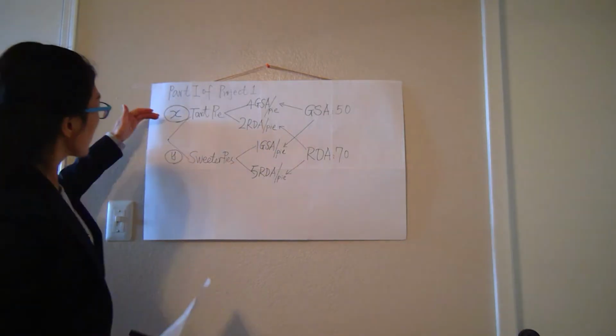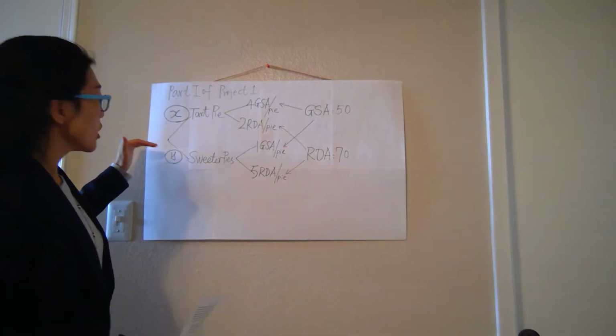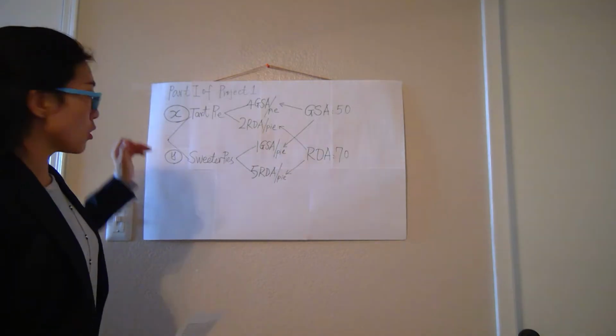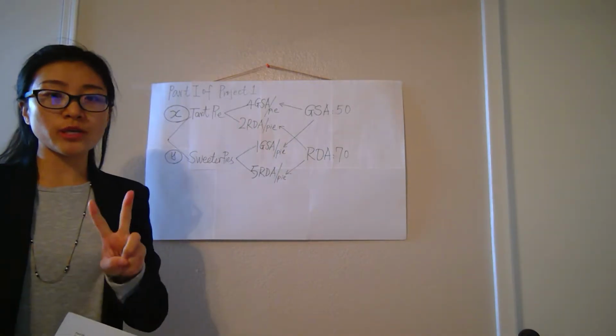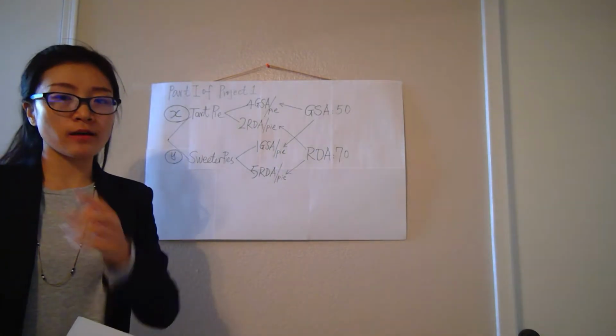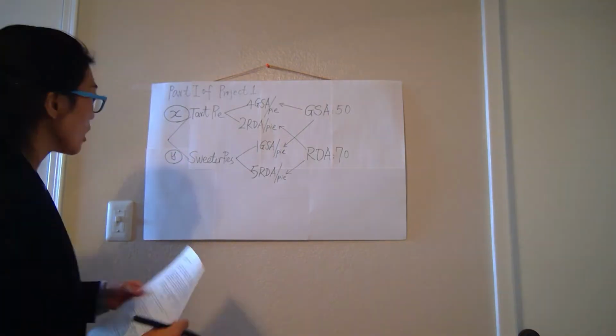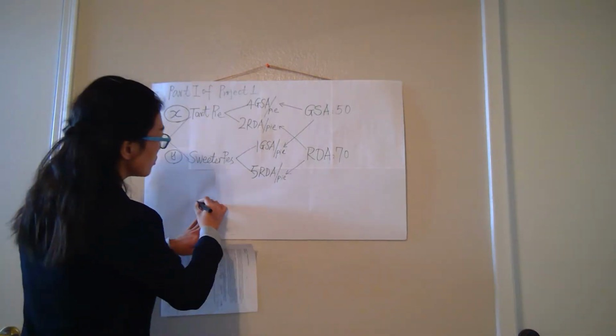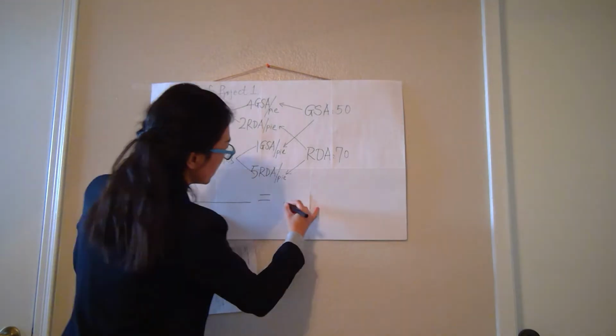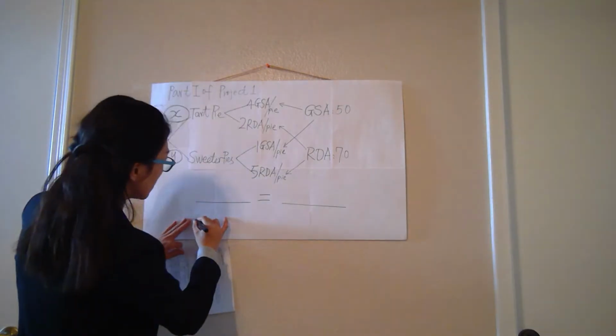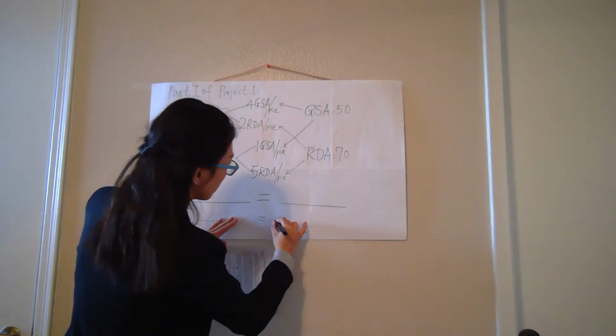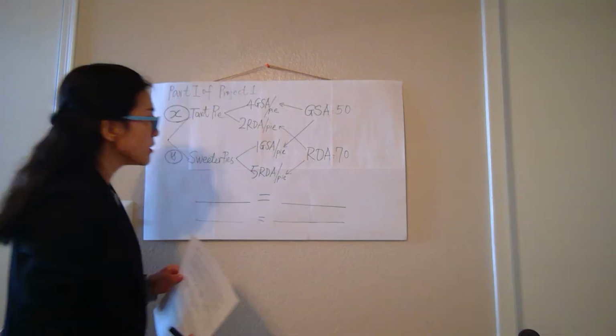We have two variables, so in order to solve for them, we need to set up two equations involving these two variables, correct? First equation, second equation.